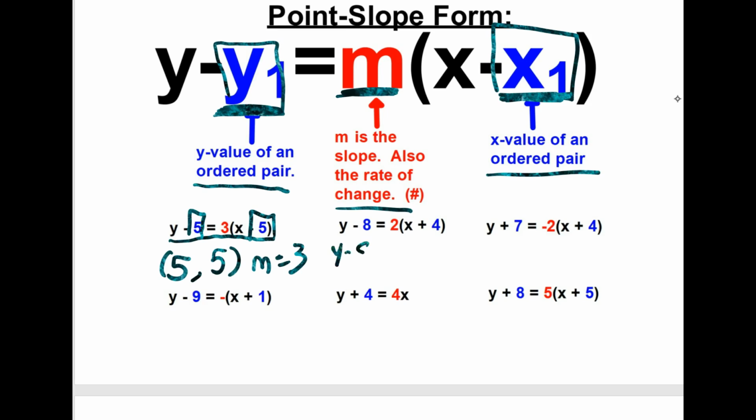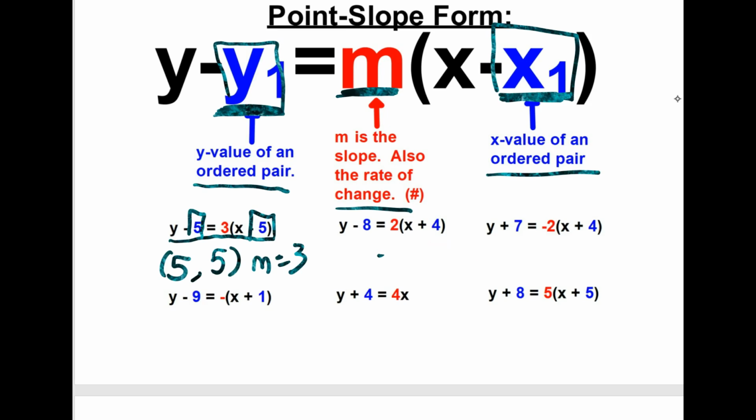Y minus 8 is equal to 2 times x minus negative 4. That is the only way that I can get this number to be positive if I'm subtracting. That this original number had to be negative. Okay? So if I see an addition sign in this equation, then my original number had to be negative.